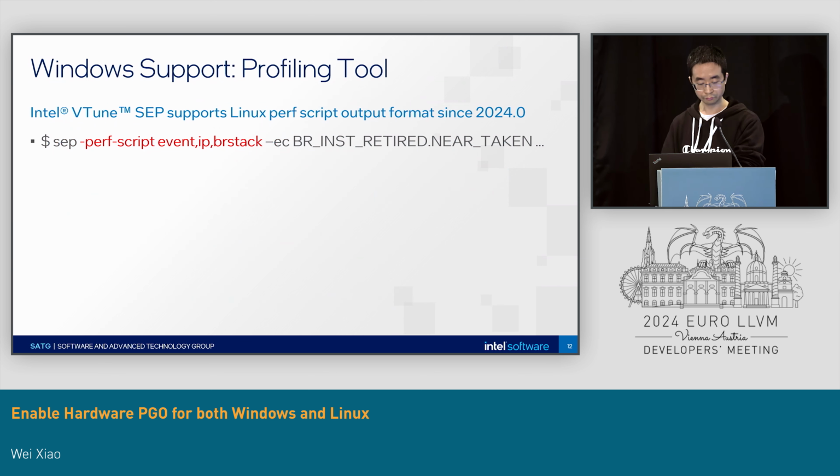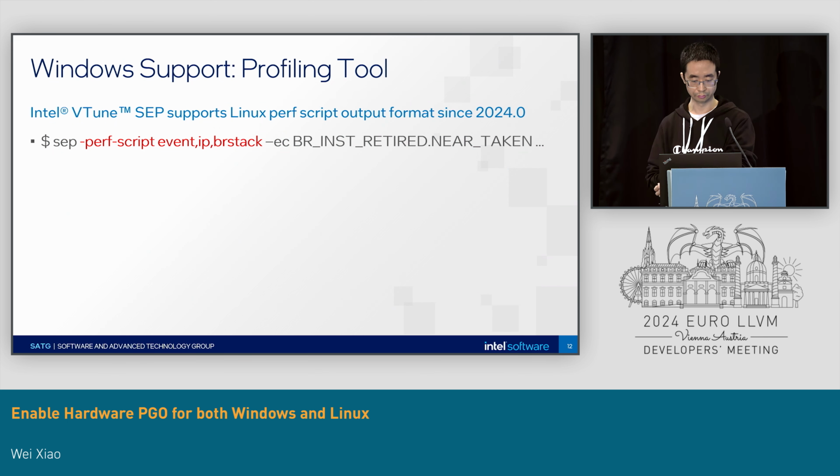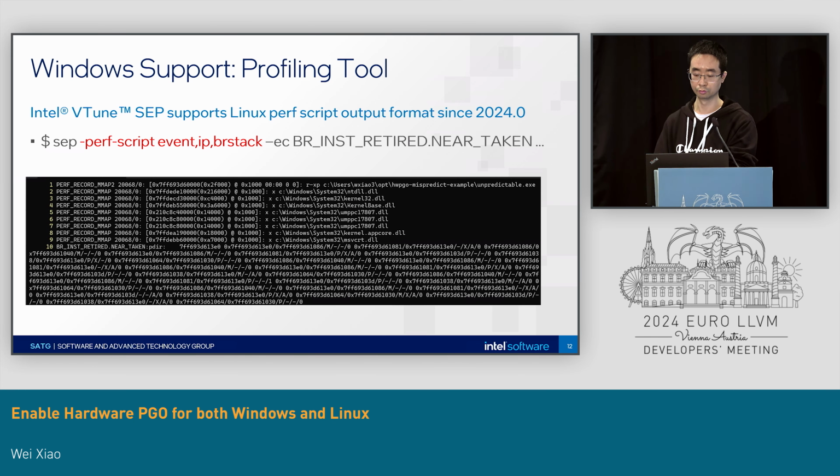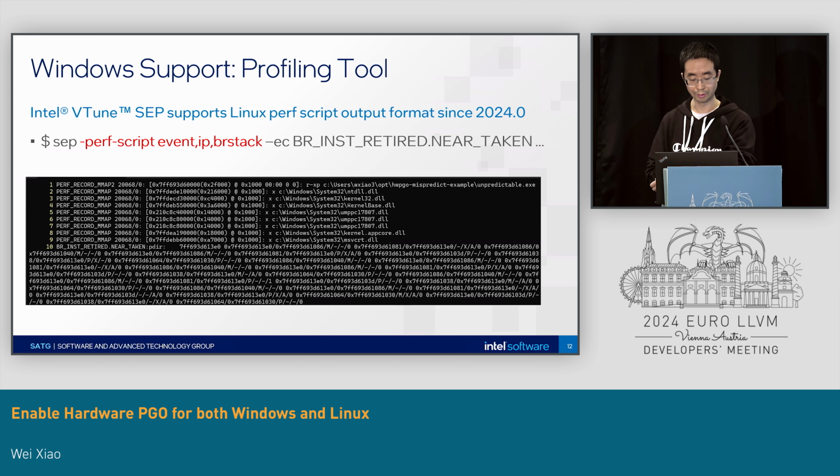So the first thing for supporting Windows is to enable the profiling tool. Our Intel VTune SEP has already supported the Linux perf script output format since version 2024. As you can see, this SEP command will emit additional text output, which is compatible with the Linux perf script output, given the extra option perf script and some parameters.